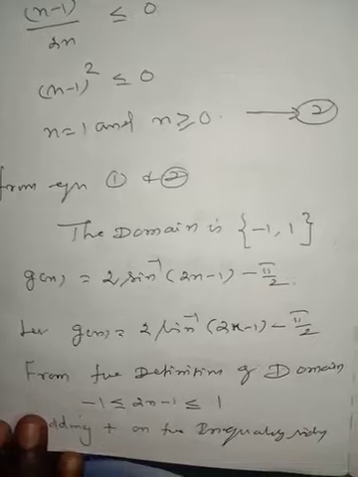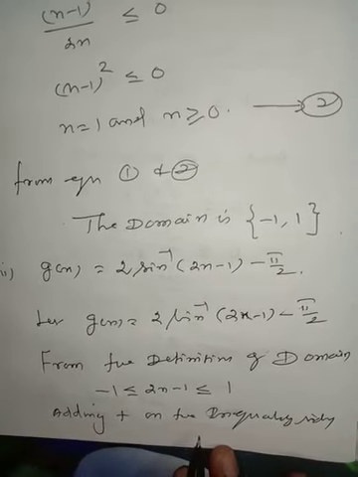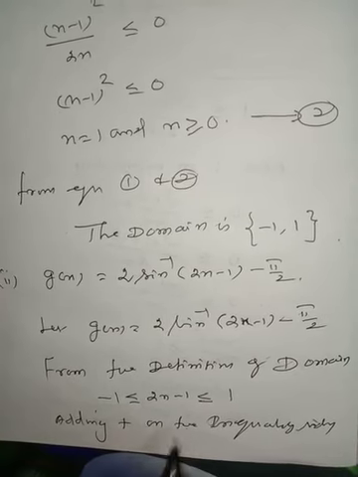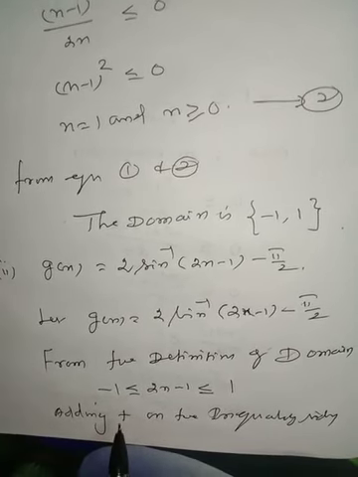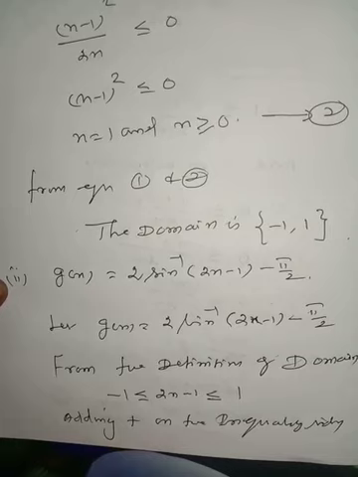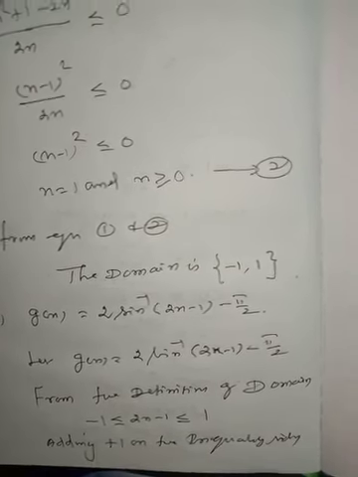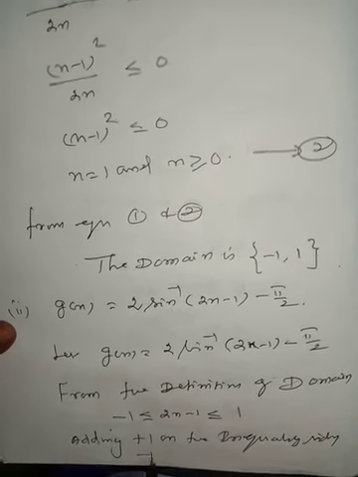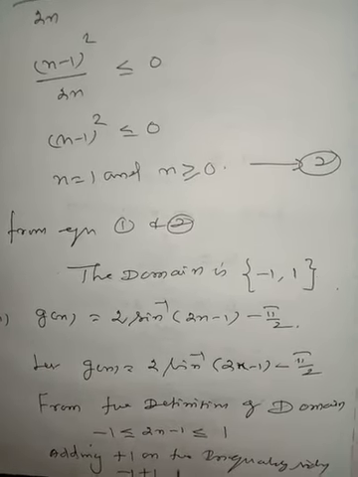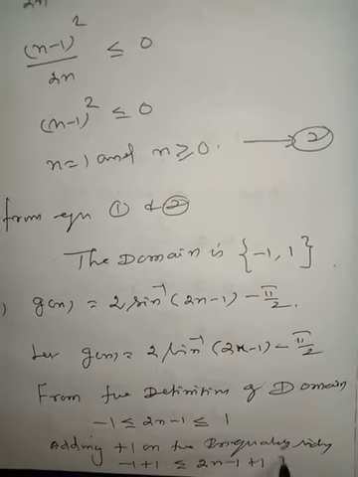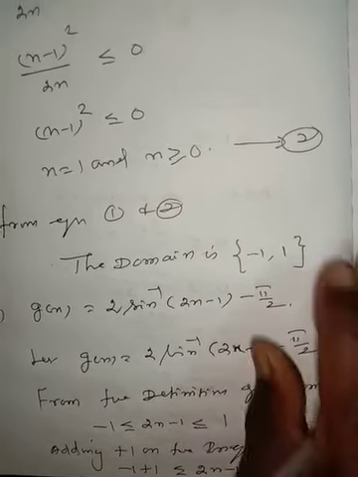Now adding 1 on both sides, we get 0 minus 1 plus 1 less than or equal to 2x minus 1 plus 1 less than or equal to 1 plus 1.